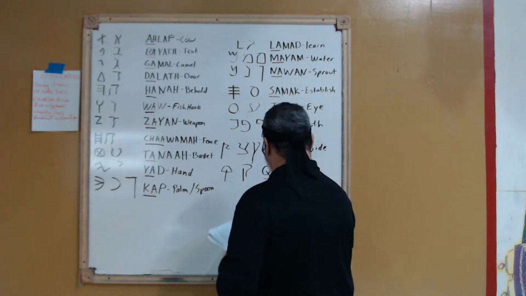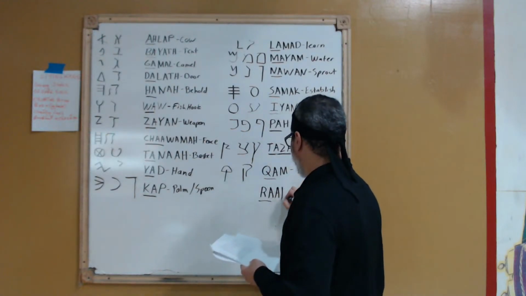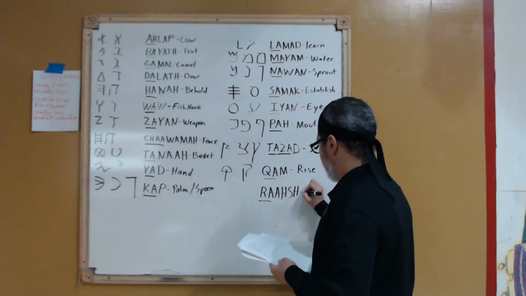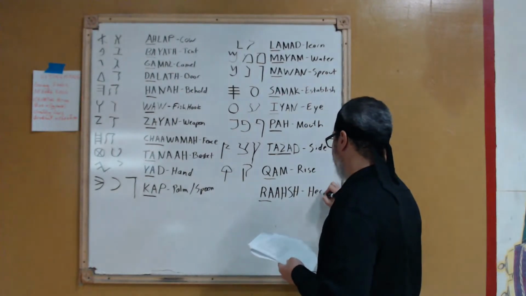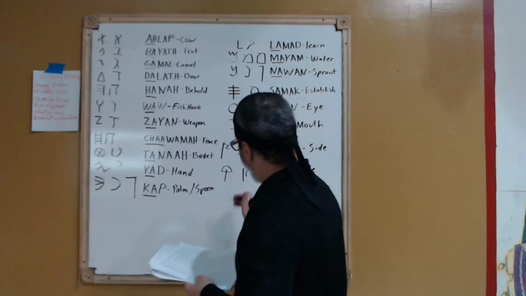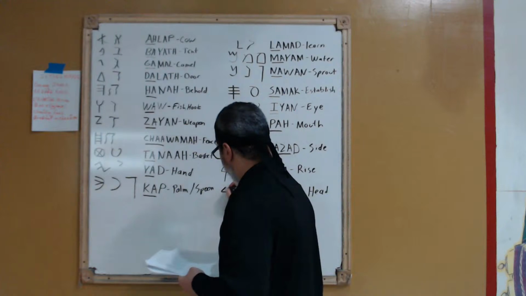That was short for ash. Ra, ash. And that was the head. And this was in the ancient, like the number 4.